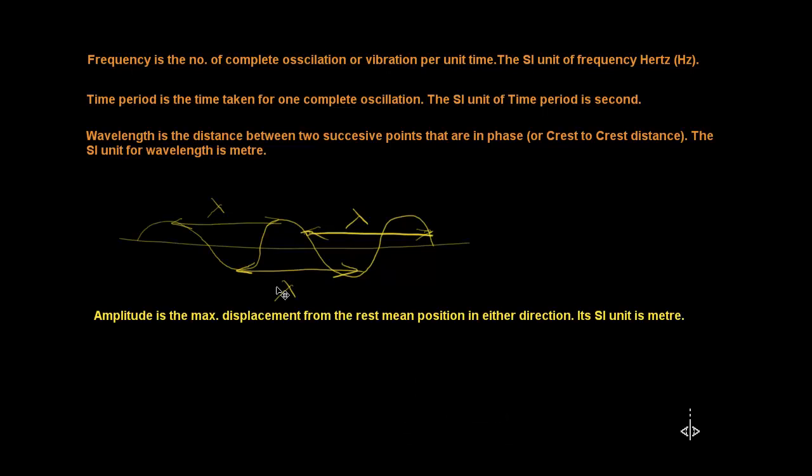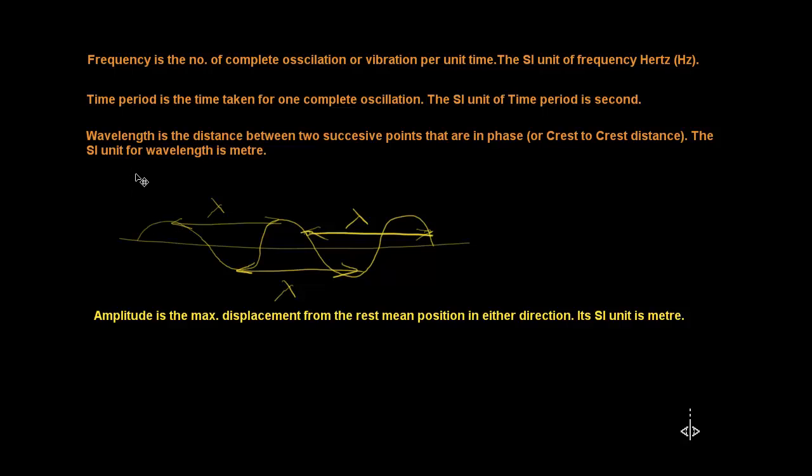Oh no, did you notice that I almost forgot about amplitude? Remember, amplitude is the maximum displacement from the rest mean position in either direction. We don't take the direct sign of the displacement, we just take the magnitude.